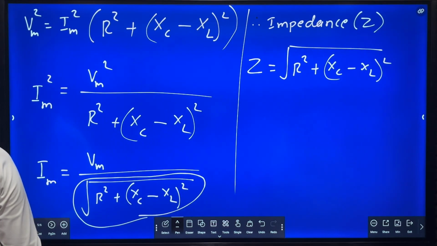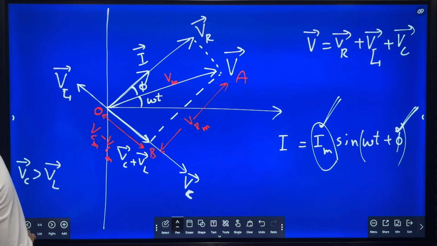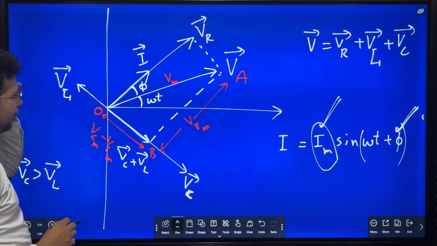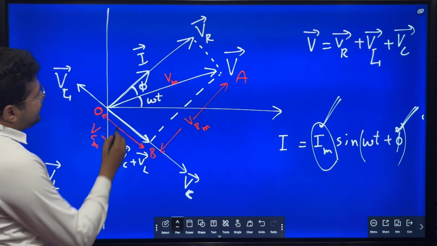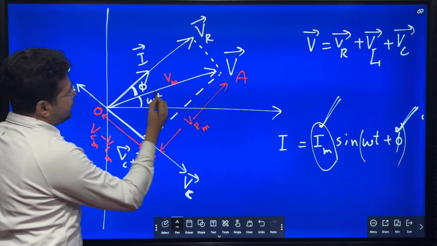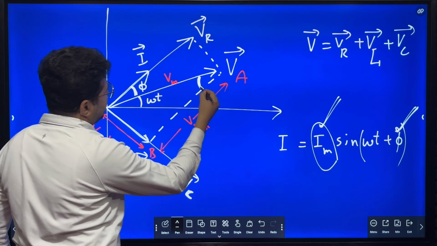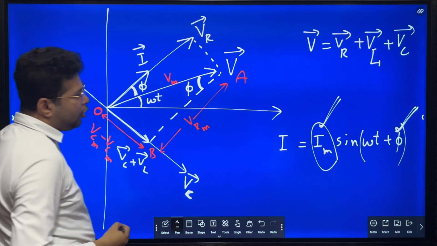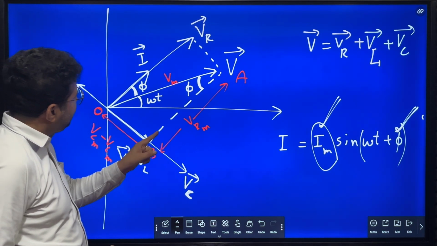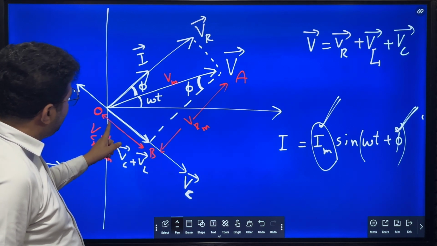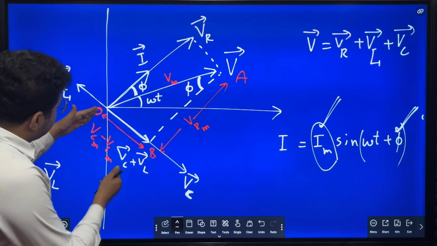Now if you come back to the phasor diagram, how to find phi? See, if this angle is phi, this angle is also phi, correct? If I define tan phi, it means opposite by adjacent. What is the opposite side?